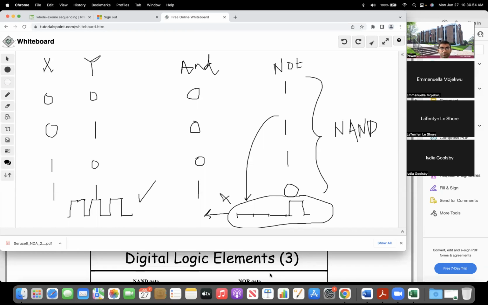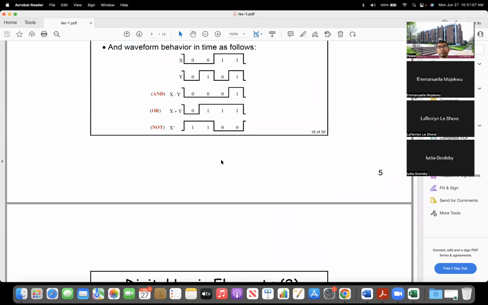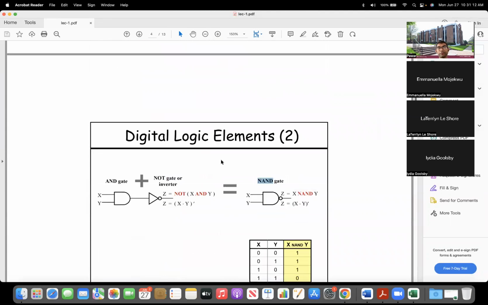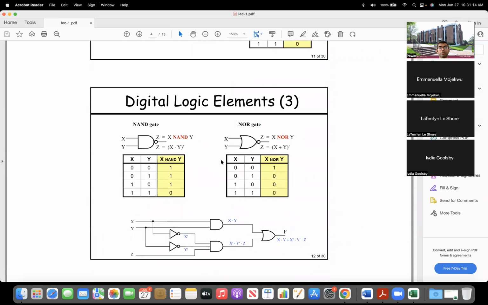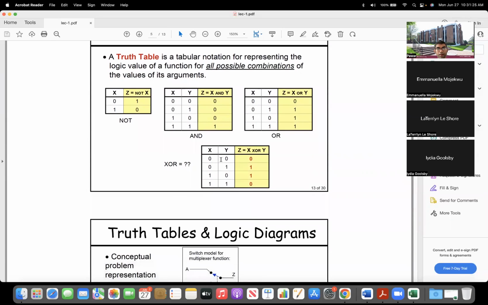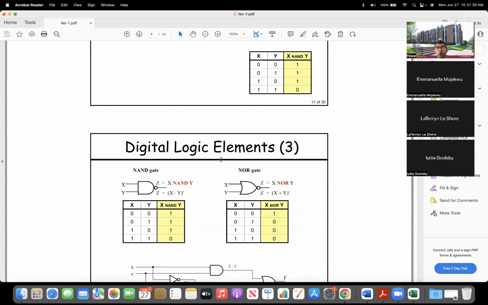in your Moodle. So going back to the PowerPoint, that's our NAND gate. So 4 gates: AND, OR, NOT, and NAND. All right, the next gate here, I think the second last one, is a NOR gate.